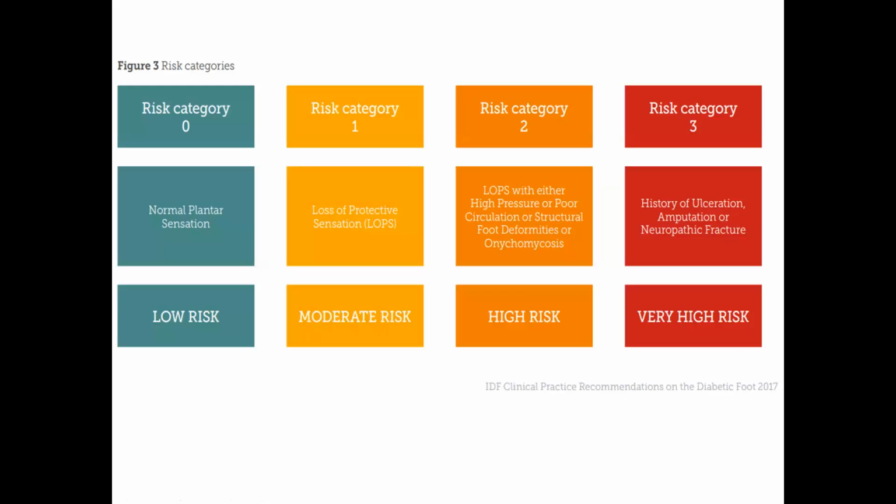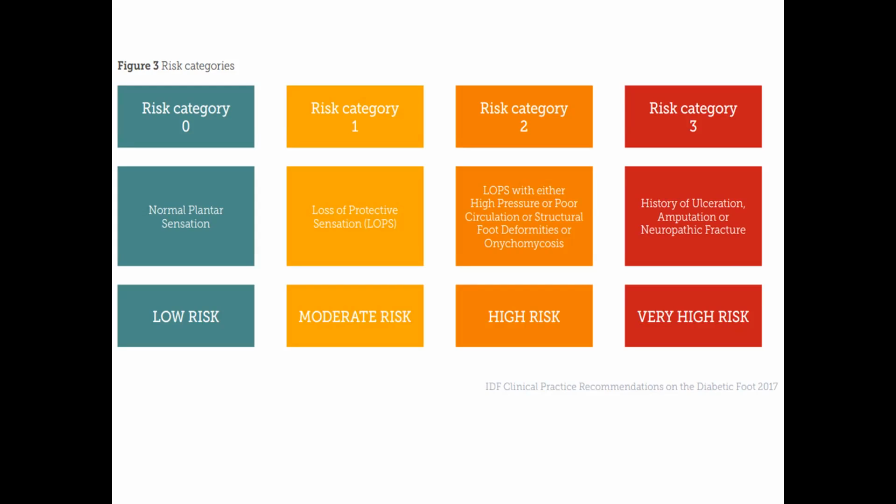So we have risk categories for diabetic foot ulcer formation. In category 0, there is a normal plantar sensation, and you can classify that foot as low risk. In category 1, there is a loss of protective sensation, and this becomes a moderate risk diabetic foot.